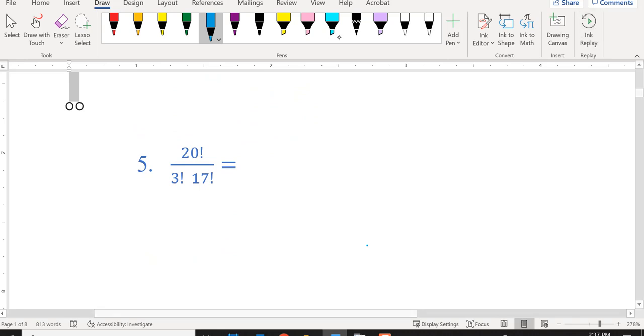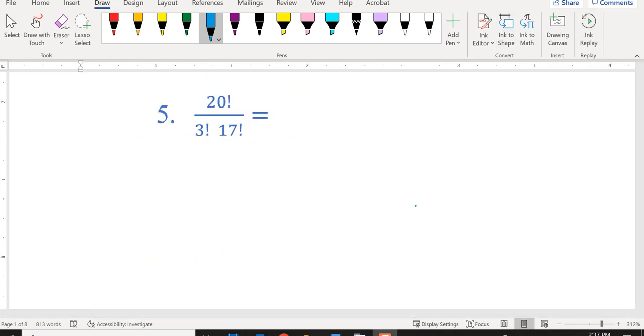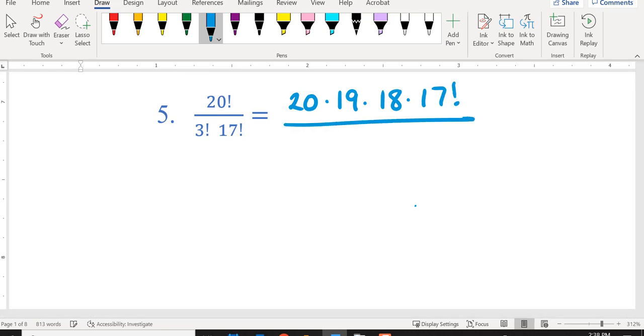All right, number 5. I'm going to give you a second to go do that. Okay, if you wanted to clean it up by hand a little bit first, 20 times 19 times 18 times 17 factorial. And I stopped there because I saw the 17 factorial in the denominator. And then I also have 3 factorial, which is 3 times 2 times 1.